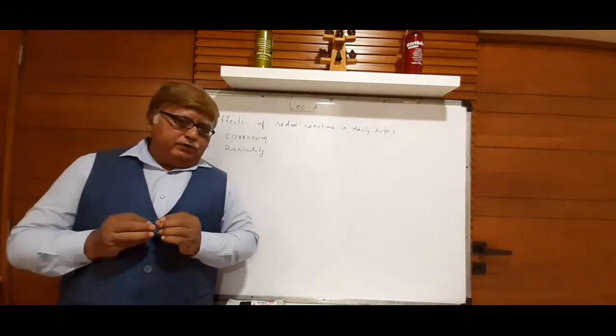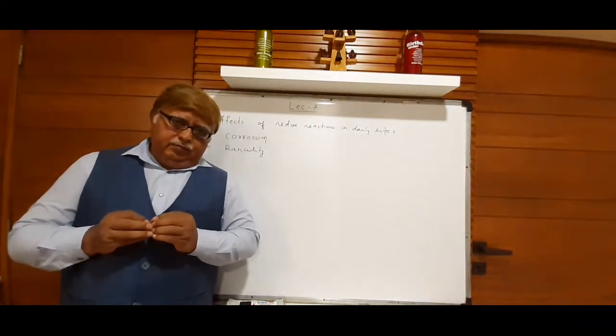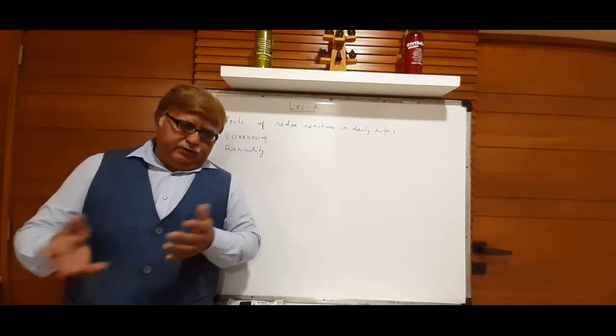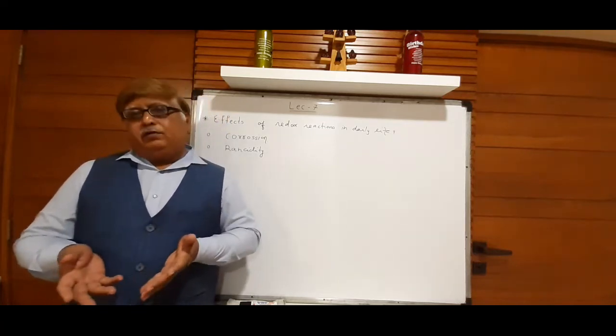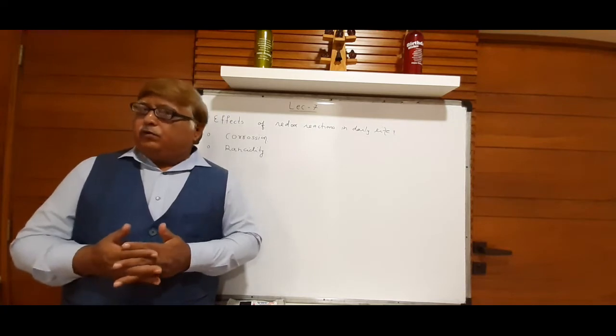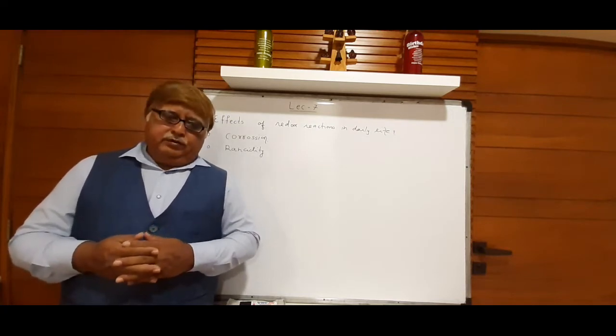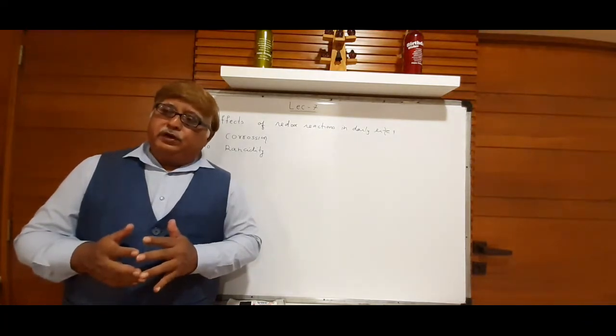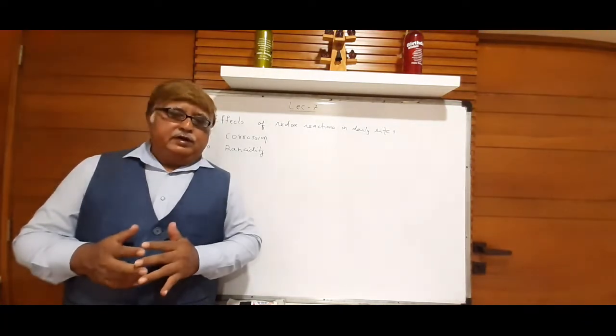So you all know one thing, mostly the word corrosion, rusting of iron, is what immediately comes to our mind whenever we discuss corrosion. But dear student, mind it, corrosion can take place in any metal, not only iron.